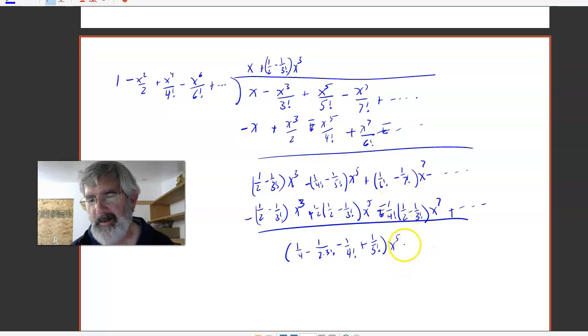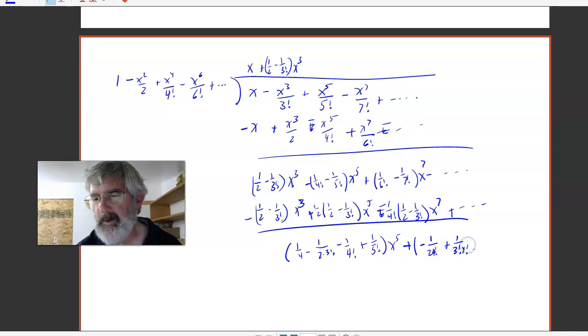And then what's here? I guess I'm going to go with plus here. So minus 1 over 2 times 4 factorial. What's that? Plus 1 over 3 factorial, 4 factorial, plus 1 over 6 factorial, minus 1 over 7 factorial times x to the 7, and then so on, right? It gets big pretty fast.